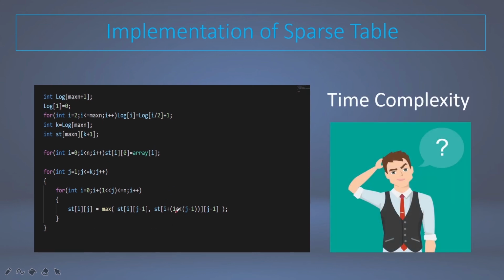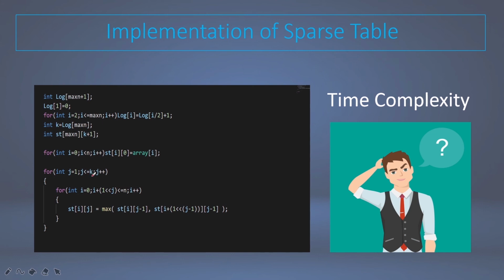So what about the time complexity then? Firstly I am traversing the whole array, which is length n in this case, and in this loop I am traversing from 1 to k, which is the maximum power of base 2 we can make to make the length n.